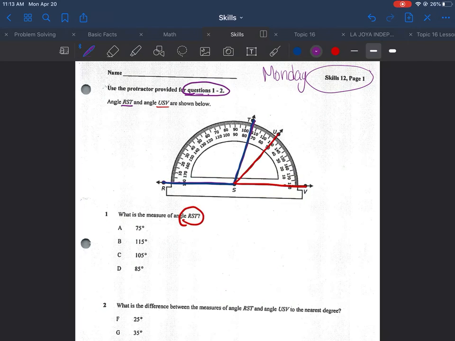I'm going to start by looking to see where it is pointing. Is it pointing to the left or to the right? In this case, it's pointing this way, so I'm going to start with the 0 on this side.